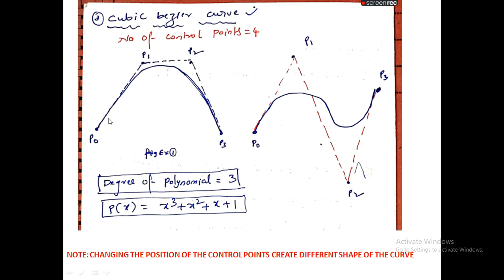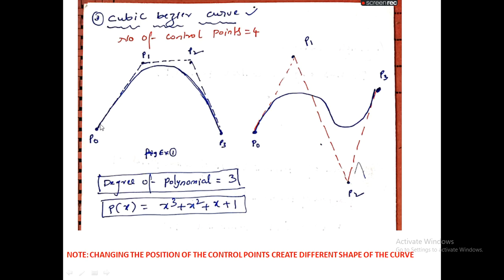Now I draw the curve. As we know, the condition for creating a Bezier curve is that the curve has to pass through the control point, or at least pass near the control points. So now I created one curve. Try to see example 1, figure 1.